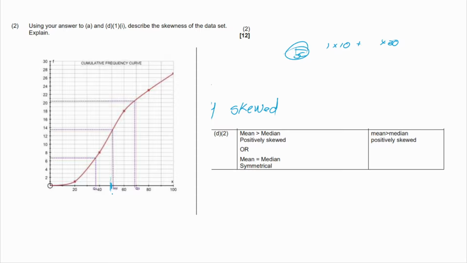The median's just to the right of it. So this would be 55. That might be 51. You can still see with the memo though that the mean is greater than the median. In that case, we have this option over here, positively skewed. But they are very close. So if you saw them being equal, sorry for the mess, then this is another option. So this is option 1 and this is option 2. Both of them are correct.